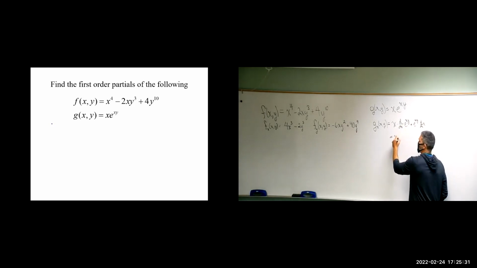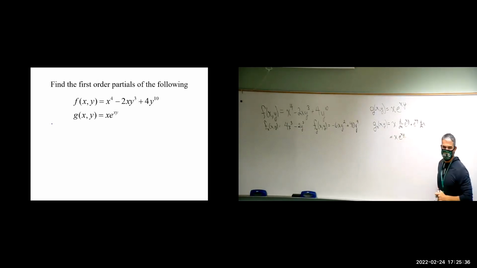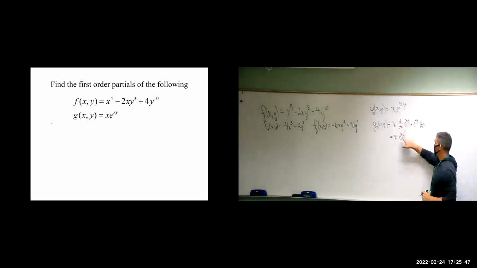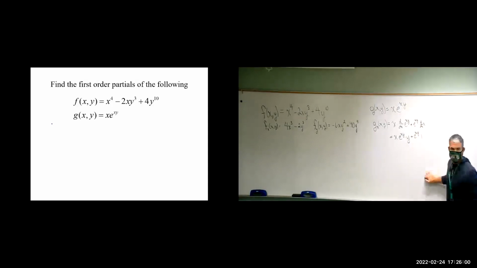Derivative of an exponential is itself times the derivative of its exponent. Here's an interesting question for you. What is the derivative of xy with respect to x? y. Perfect. We know the derivative of x is 1, y is a constant. So that's the derivative of the exponent. And then we have plus e to the xy. Derivative of x is just 1. Don't need to write it if you don't want to.